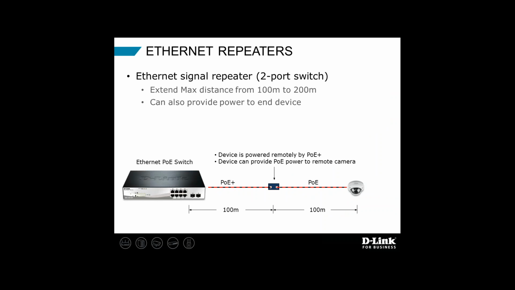I'm showing here on this slide an Ethernet repeater. Remember that with 802.3 we can go 100 meters over a LAN cable. There are some companies that make these little devices that can be powered by POE, and they can terminate and regenerate that Ethernet signal. In essence, these are little two-port Ethernet switches, and they're powered by POE.